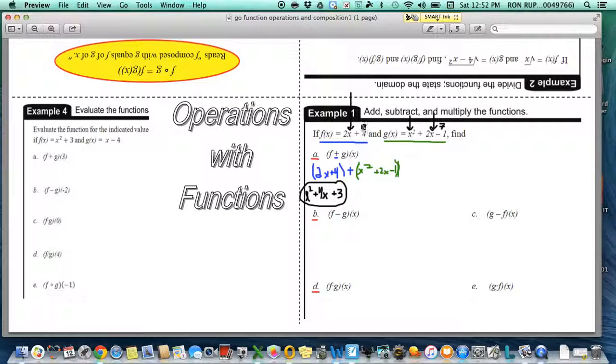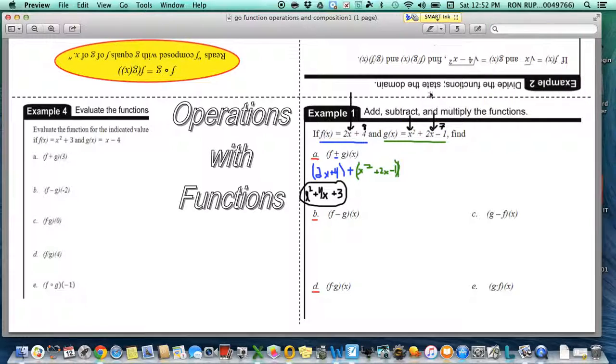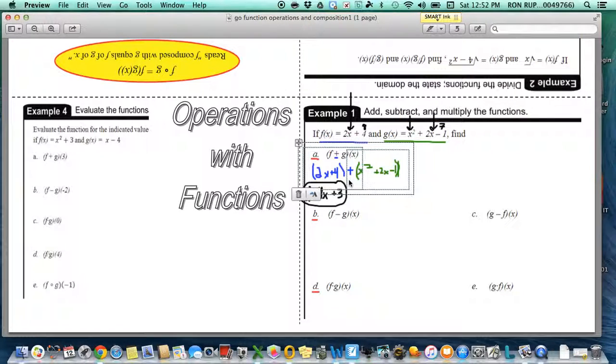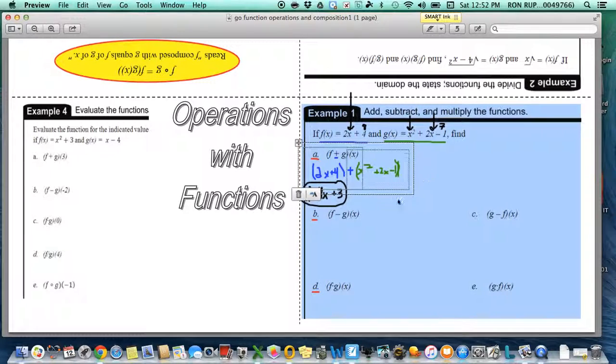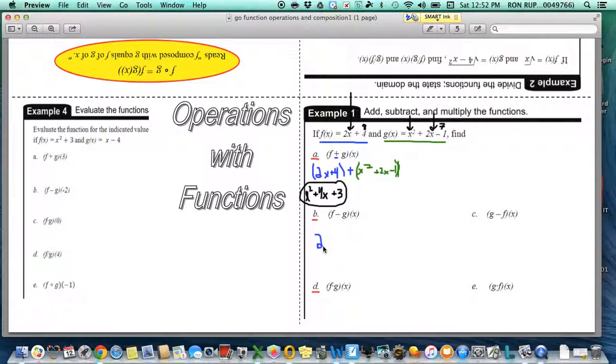Moving on to f minus g. We're going to do the exact same thing. We're going to take x. Man, it would be really sweet if I could just copy this. Copy, paste. Nope, no such luck. So I'm going to have to rewrite it. So 2x plus 4.